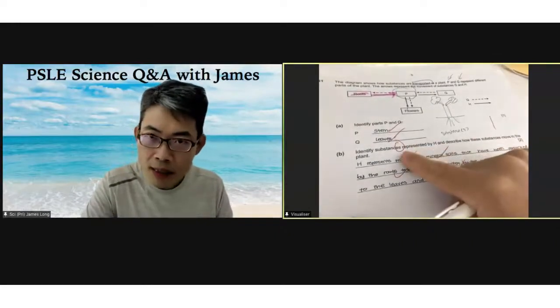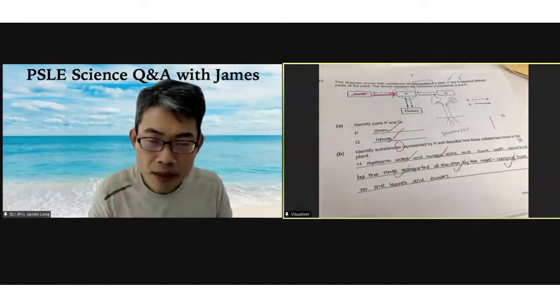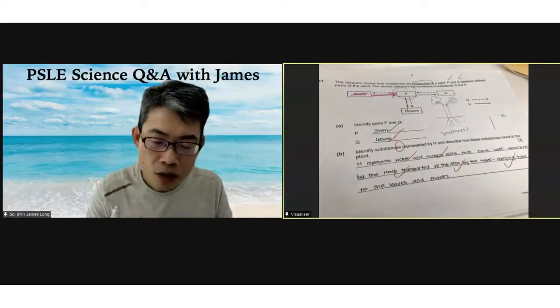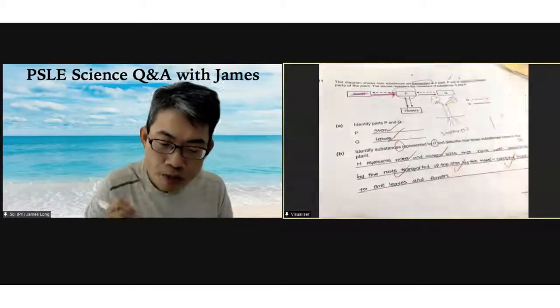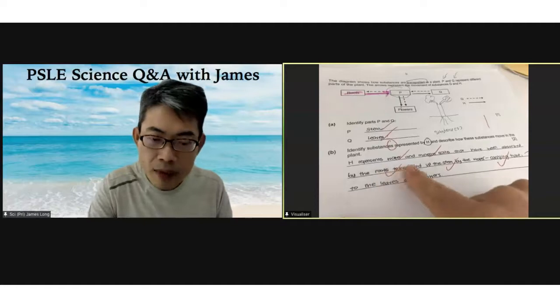Here, the person who designed this question has been very kind by telling you straight up that there is more than one substance being transported. Alright, there's more than one substance represented by H. So this child got it right by saying that H represents water and mineral salts.